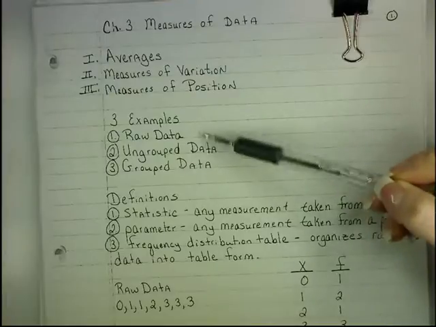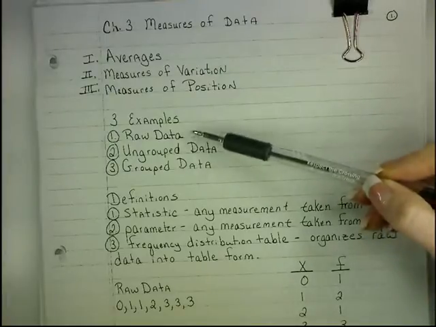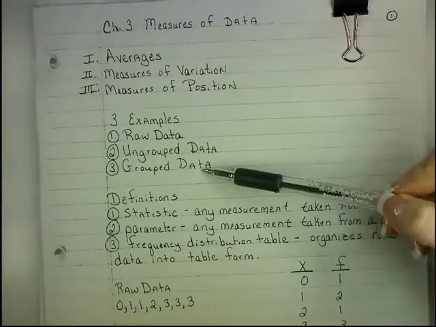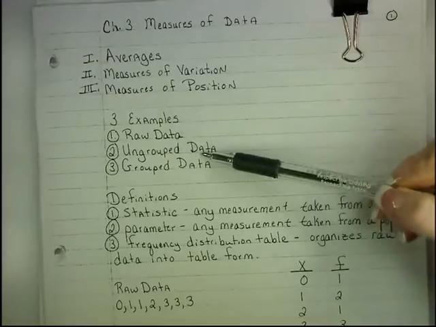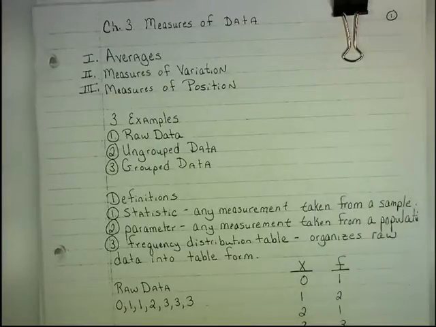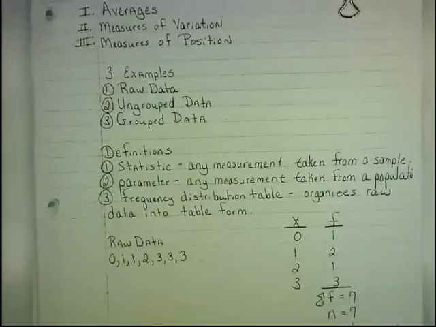It's very important that you know the type of problem that you are dealing with so that you know how to work it out by hand, if you choose, or use the calculator. I will review 2 definitions before we begin. A statistic is any measurement taken from a sample, but a parameter is any measurement taken from a population. A frequency distribution table organizes raw data into table form.